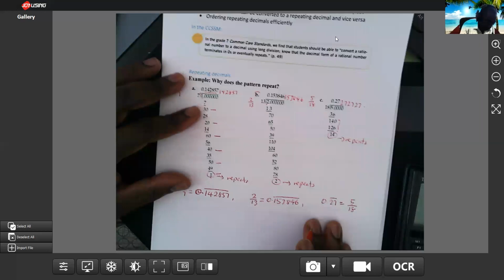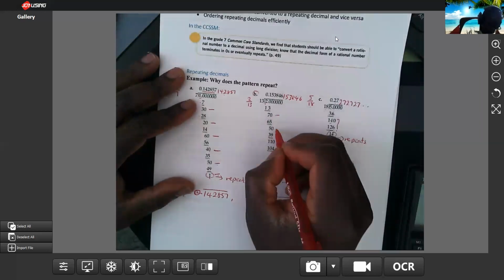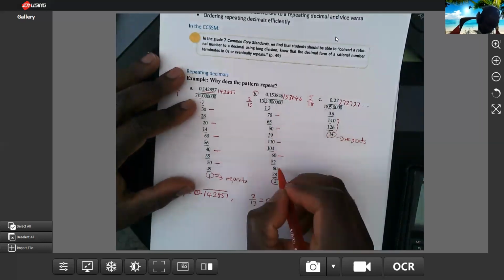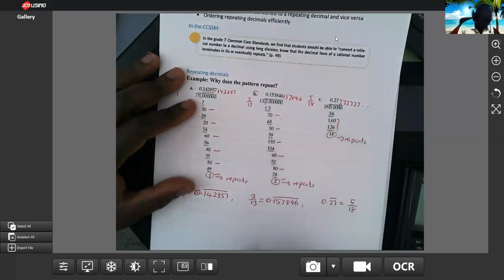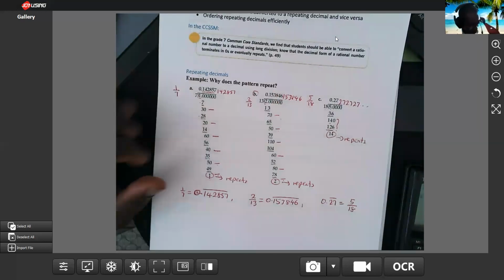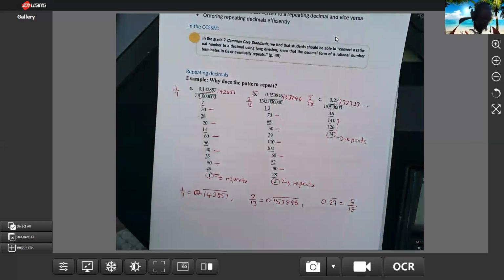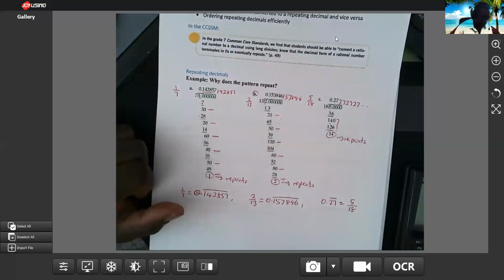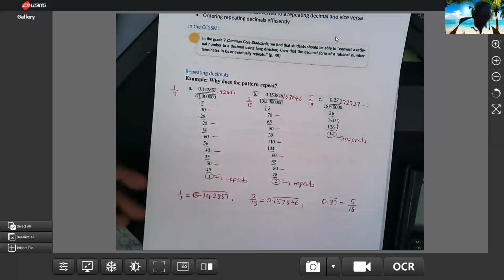Talking about the remainders, we have 1, 3, 2, 6, 4, 5. How many remainders are there? Because there are 6 remainders, the period is 6. In other words, the repeating number has a block of 6 digits.